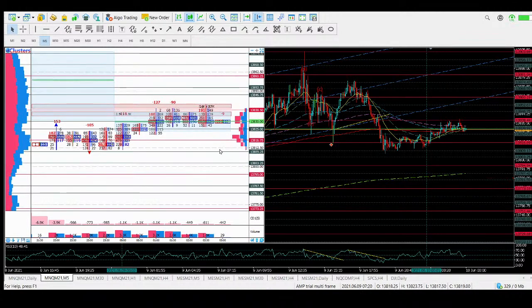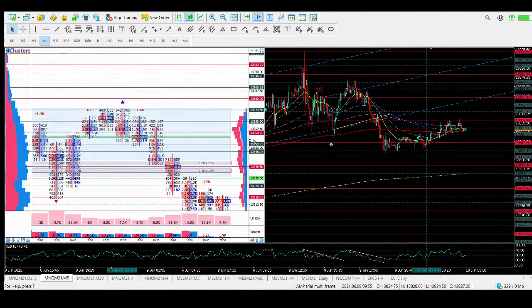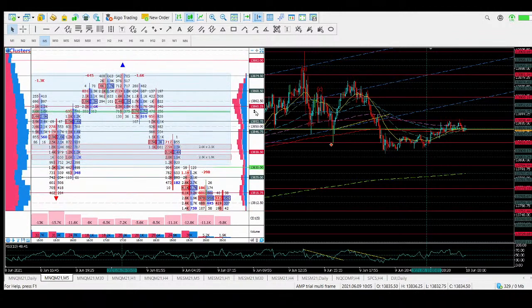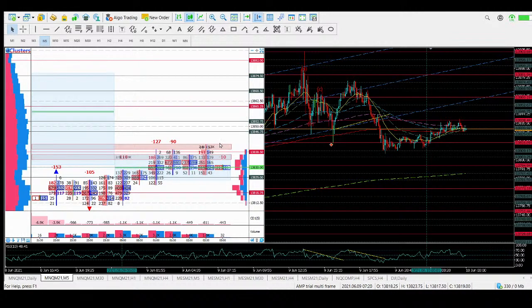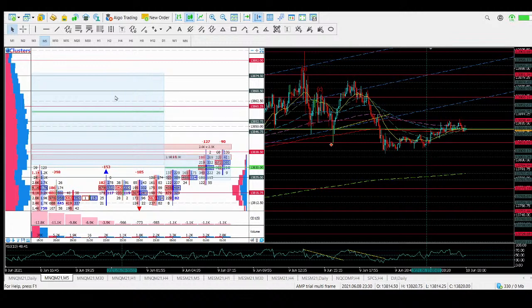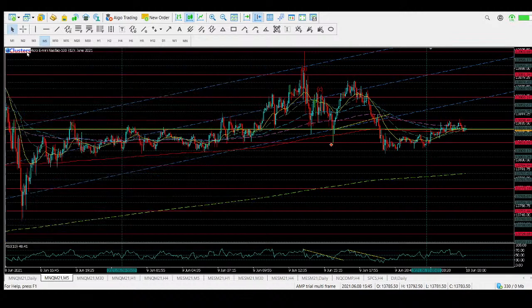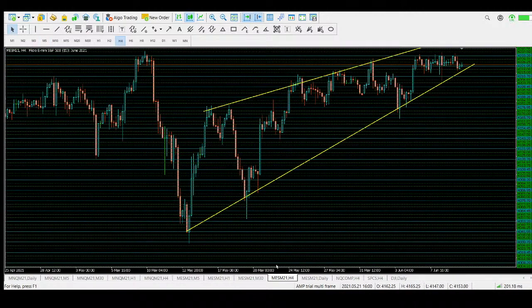And on the left, I have the 30 minutes time frame for the order flow. That's the NQ, Nasdaq futures. The S&P 500 contract.